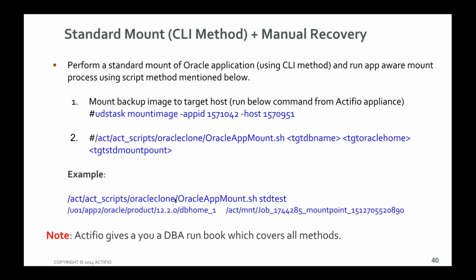So whenever you're running this CLI command, you are passing that mount operation, like the mount complete name, so that we are going to process it and bring up your database online. So you don't need to worry, even after standard mount, you don't need to again run your DB steps to perform cloning, because we do provide excellent CLI commands and CLI options, and you just need to run one simple command to bring up the database online.